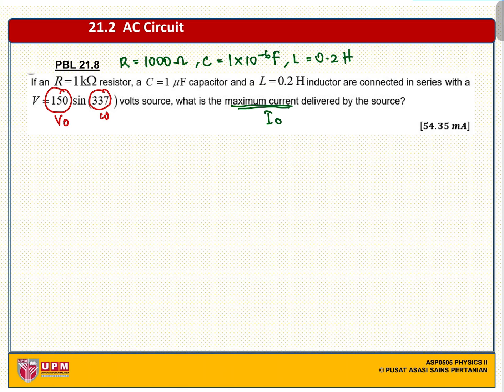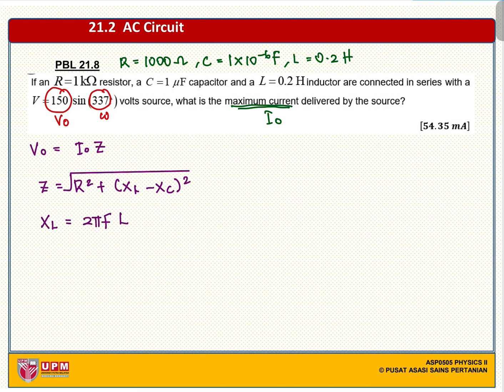So you can use the equation V naught equal to I naught times Z. Whether you like it or not, you need to find Z, which is Z equal to the square root of R squared plus (X_L minus X_C) squared. Your X_L, we saw earlier, is 2 pi f L, and your 2 pi f is your omega. So we already have omega, we wouldn't find the frequency and then multiply back again. So we directly use omega.